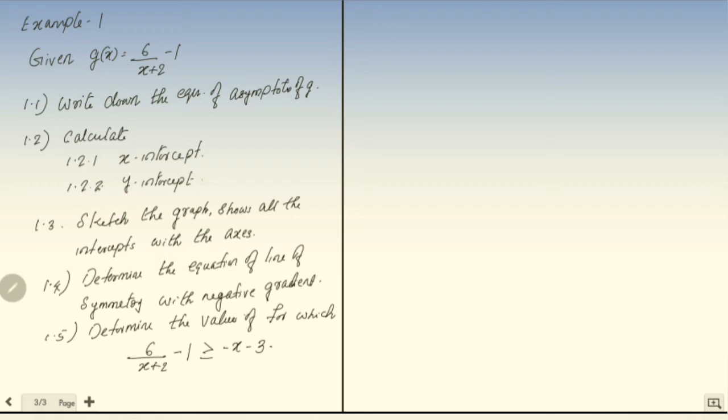How do you get it? Because I will show you that. 1.1. You know that y is equal to a divided by x minus p, plus q. This is the standard form. And the given equation is y, g of x is y, 6 over x plus 2, minus 1. Now compare these two. What is there in the place of p?